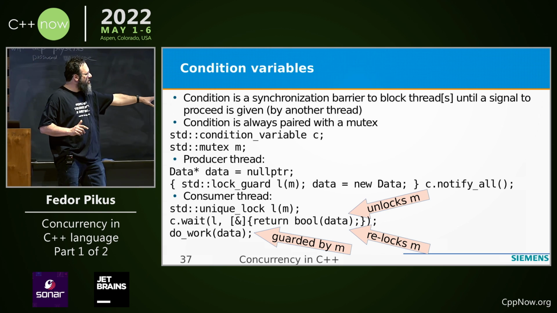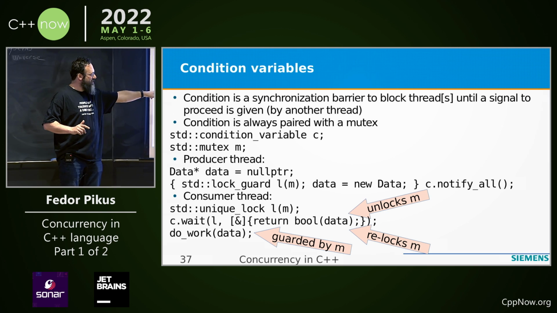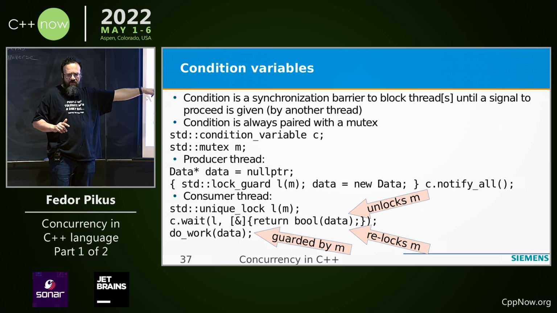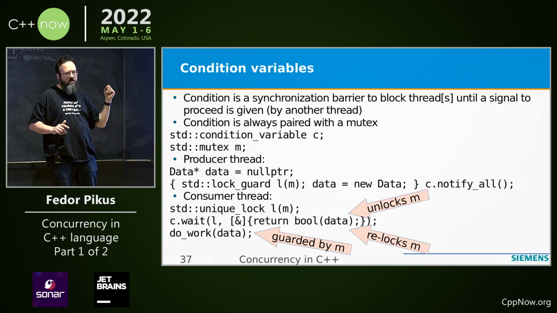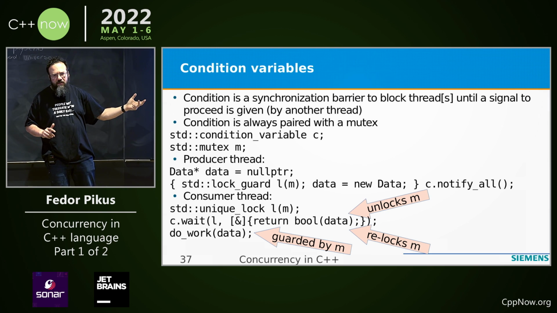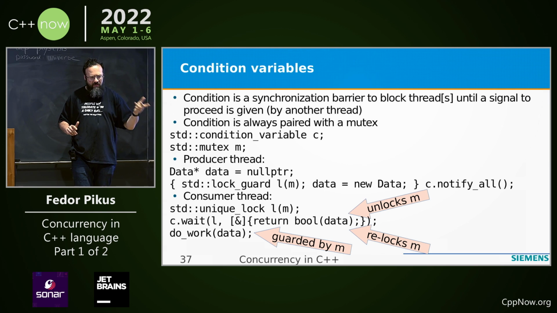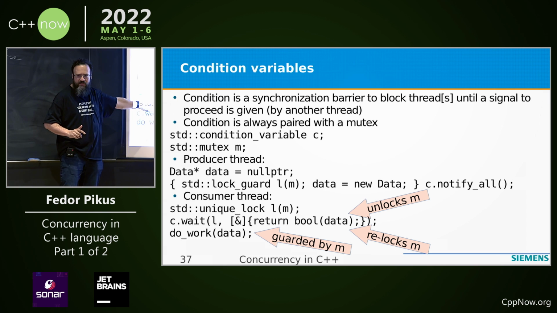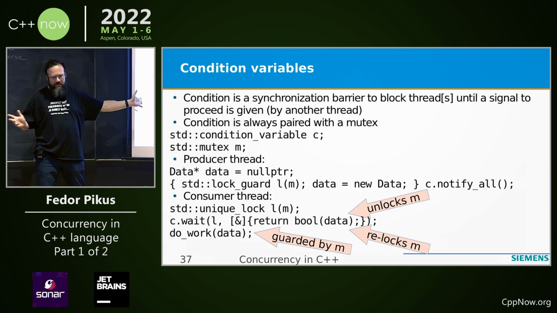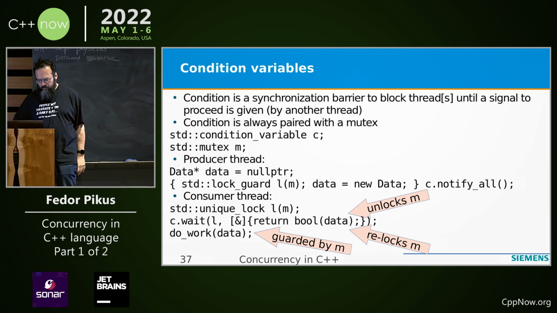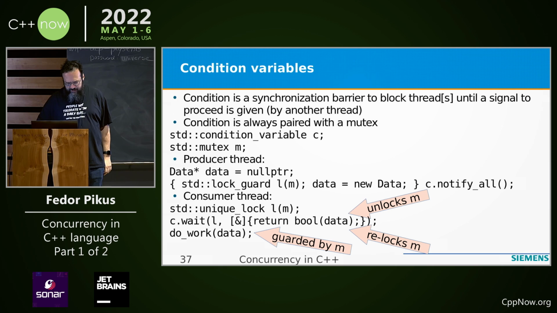One other thing with unique lock, you can construct it without actually locking the mutex. There is another argument to the constructor that tells it to defer locking the mutex. So it takes ownership of the mutex but doesn't lock it. Until then you have to call lock on the unique lock itself, and then the destructor will still unlock. So unique lock can do more things.